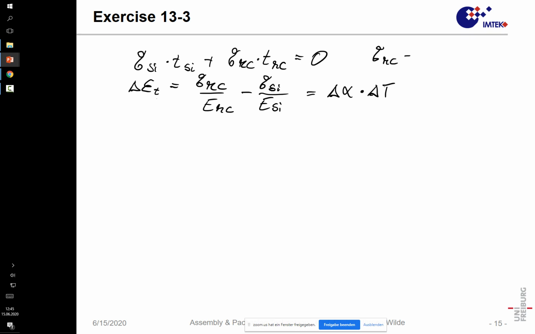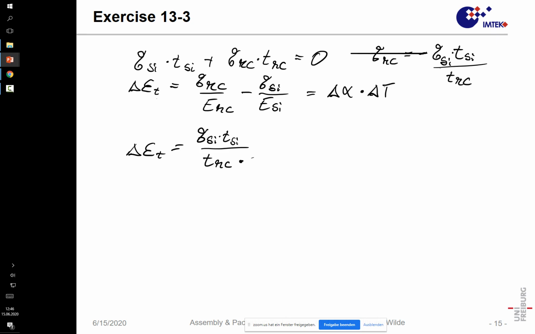So what we could say here is the sigma molding compound is minus sigma silicon times T silicon divided by T molding compound. Now we can say delta epsilon T is sigma silicon times T silicon divided by T molding compound divided by E molding compound minus sigma silicon divided by E silicon.